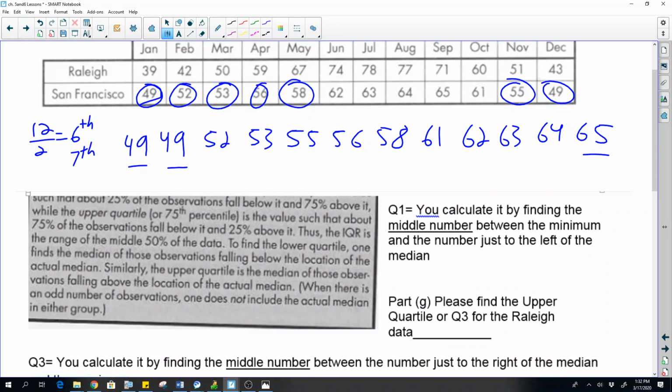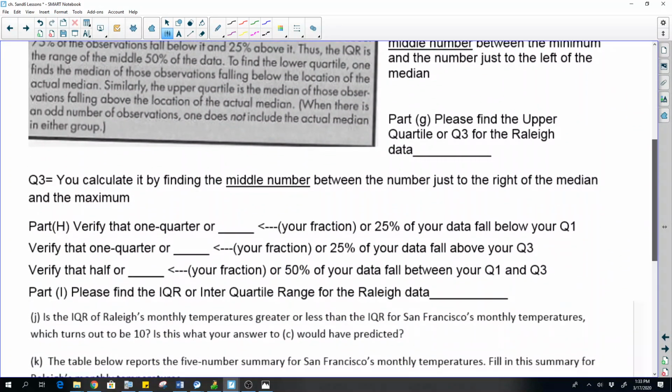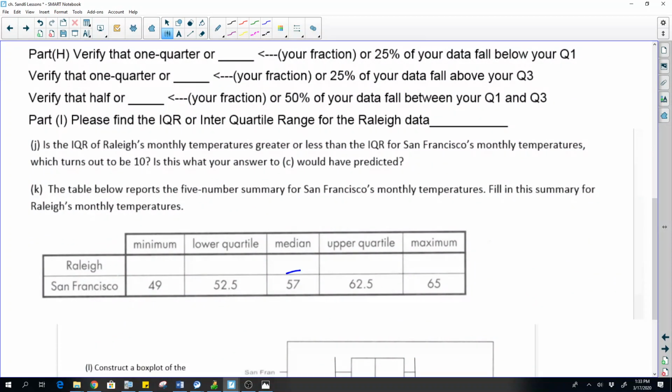There it is. So there's our median, which is 57. Hopefully that's what you got on the front too.